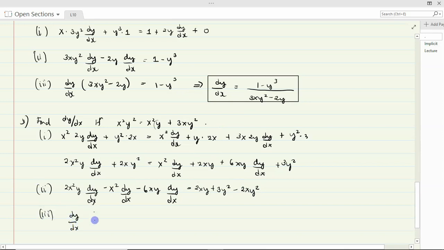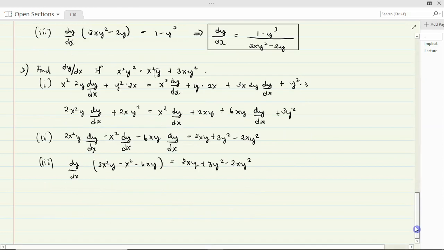I-factor out muna natin si dy dx. You have 2x squared y minus x squared minus 6xy equals 2xy plus 3y squared minus 2xy squared. Therefore, ano ngayon si dy dx natin?